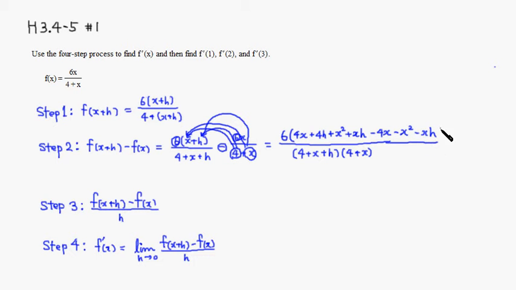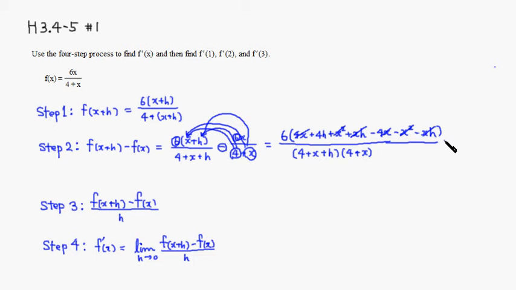Then you see that a bunch of terms are canceling out. You have 4x minus 4x, x squared minus x squared, and xh minus xh, so you can see that there's only 4h times 6.